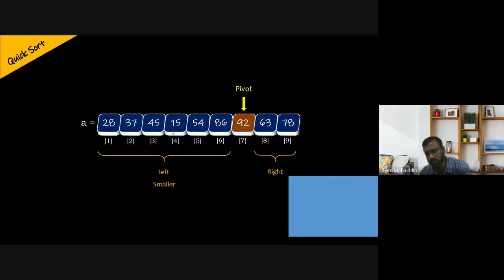Both are smaller than 92, but elements on the right side should be greater than the pivot element. Even if a single element is smaller than the pivot element, we cannot call this element 92 as pivot. So therefore, element 92 in this collection is not a pivot element.